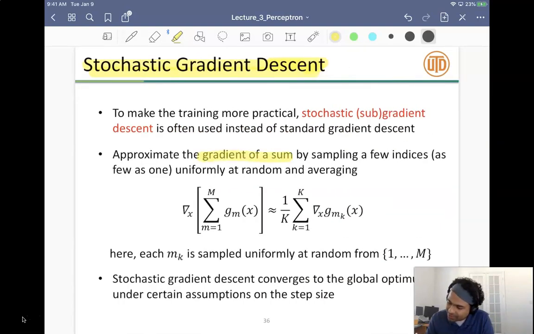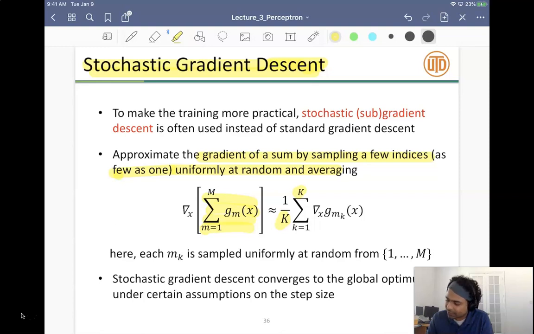So we approximate the gradient by sampling a few indices, and even as few as one, uniformly at random, and averaging, right? So I'm basically approximating this quantity, which is this sum over m points, by taking a much smaller set of k points and summing over k, right?